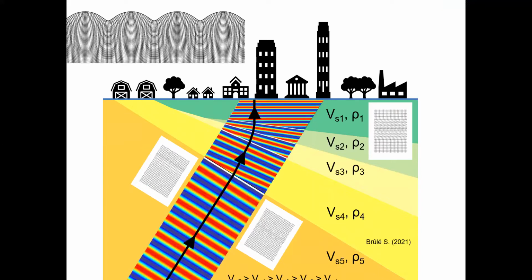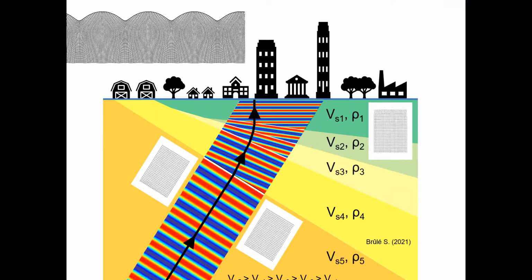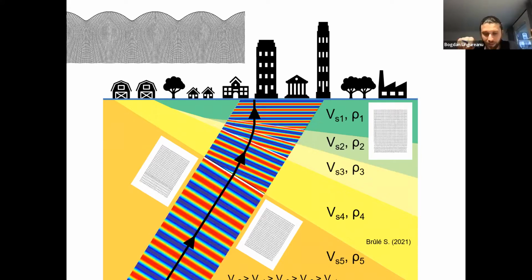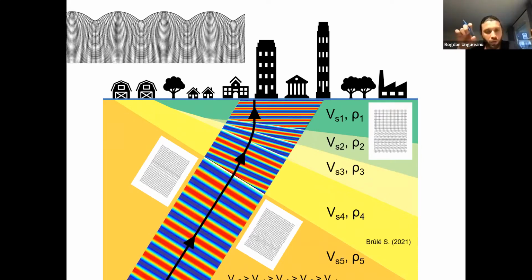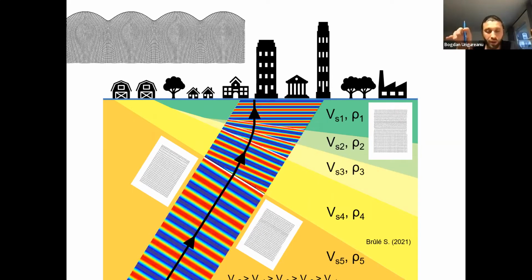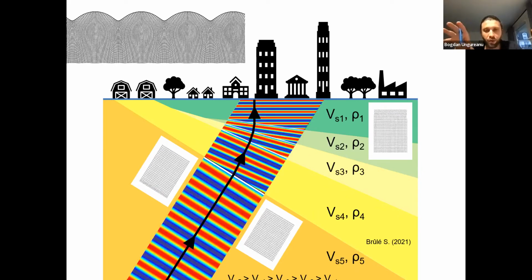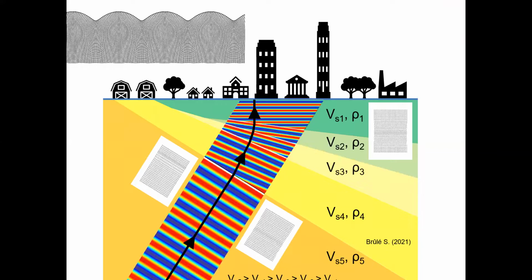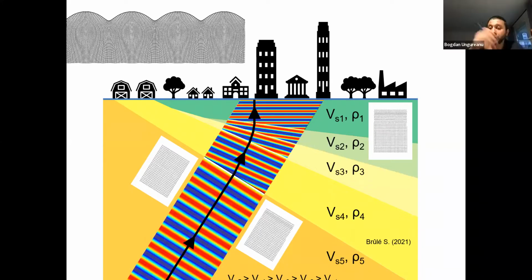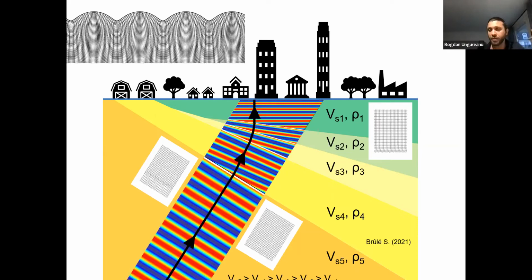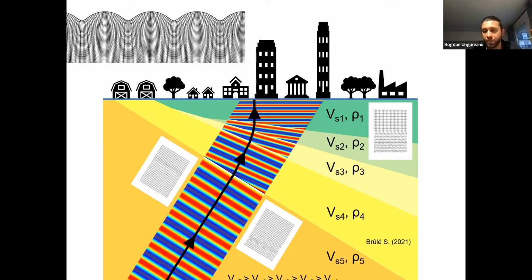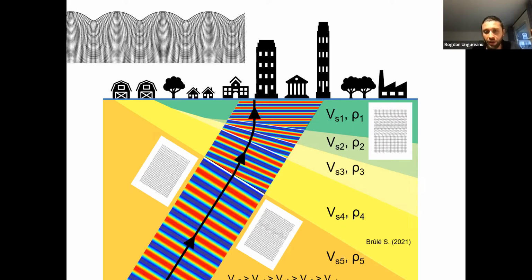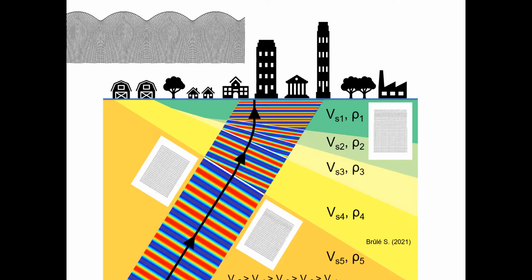What I find very interesting on the slide is that it allows us to imagine that we could obtain an equivalent of the rainbow effect in the vertical direction, due to this change of layer properties, density and other things.